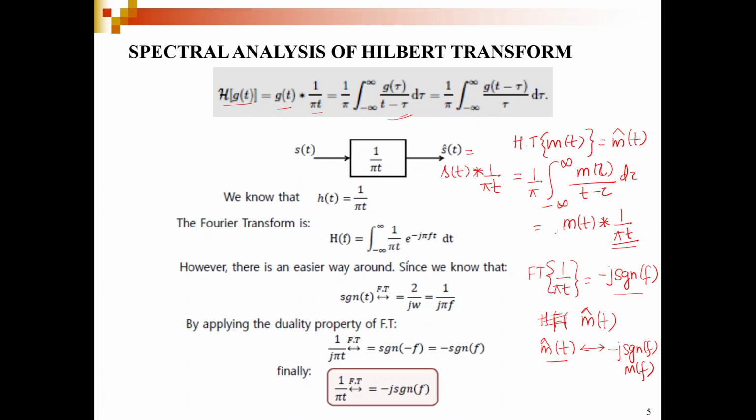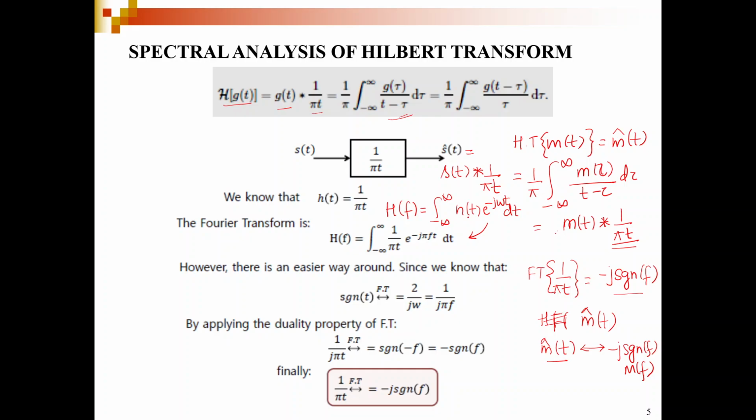So if you take the Fourier representation, how do you find the Fourier transform of a signal? H of f, where h of t is the time response, so the frequency response would be the integral from minus infinity to plus infinity of h of t into e to the power minus j omega t dt. So this is the Fourier representation that we use in place of h of t.